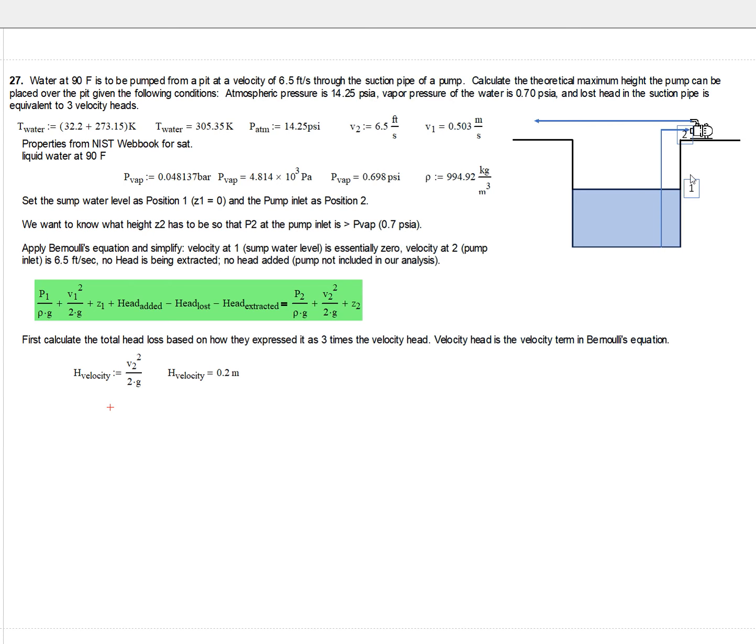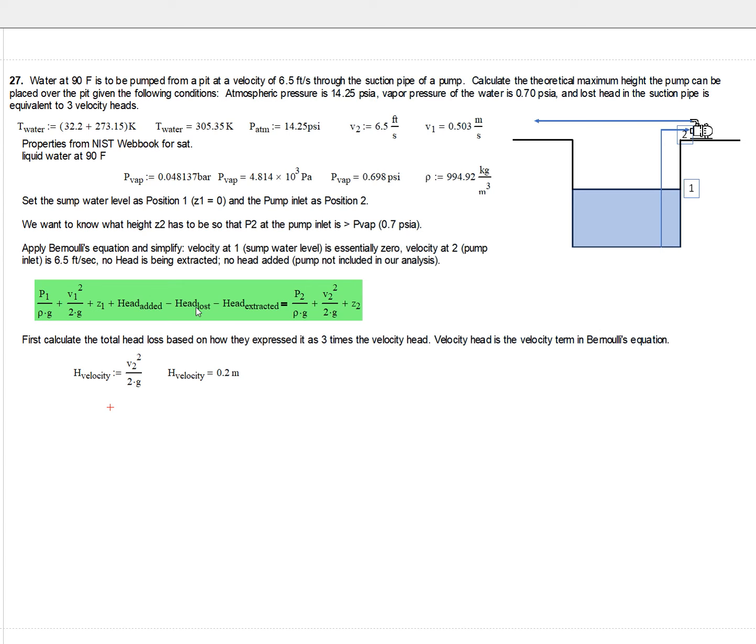The velocity head is going to be the velocity in the pipe squared divided by 2g. So we plug our given value in and we calculate the velocity head, and that is equal to 0.2 meters. That's 1 velocity head.